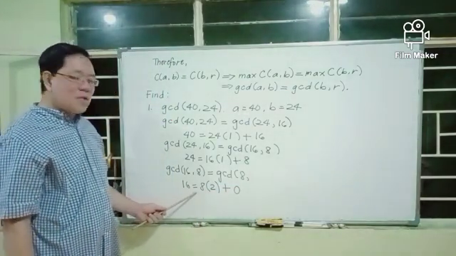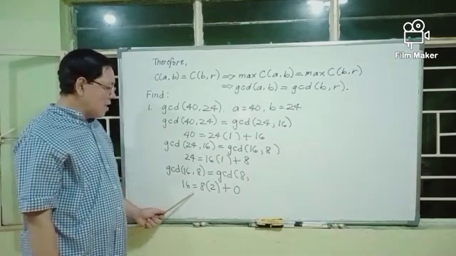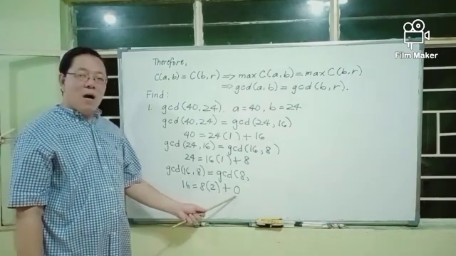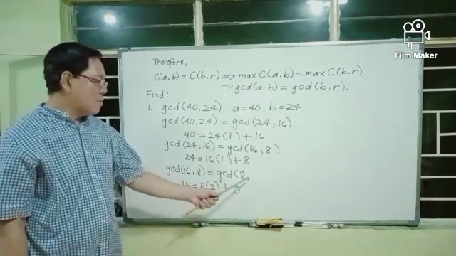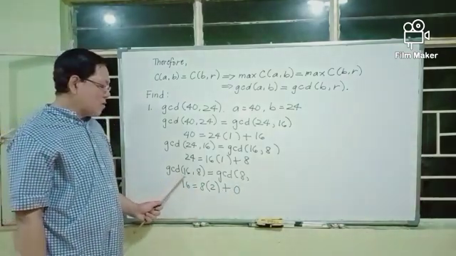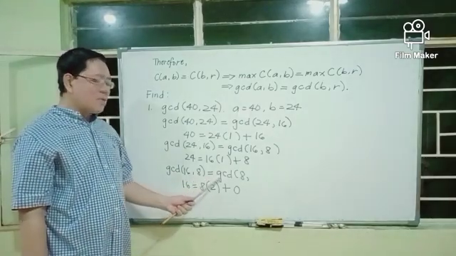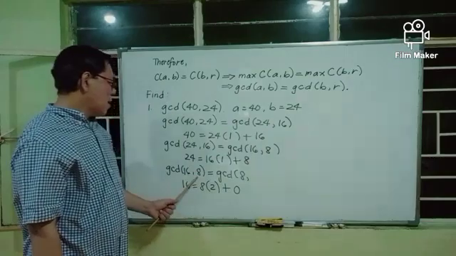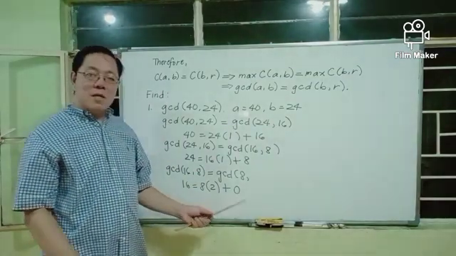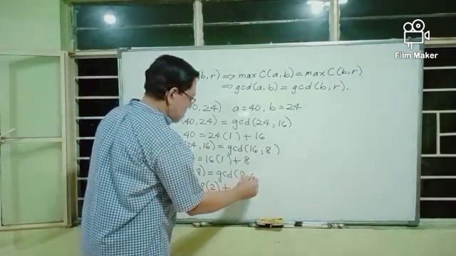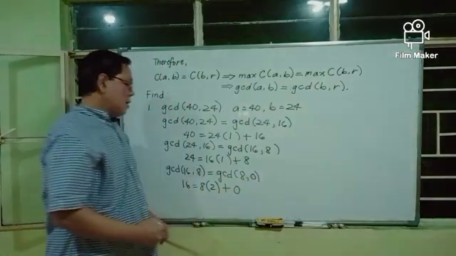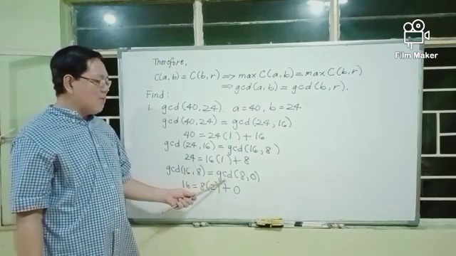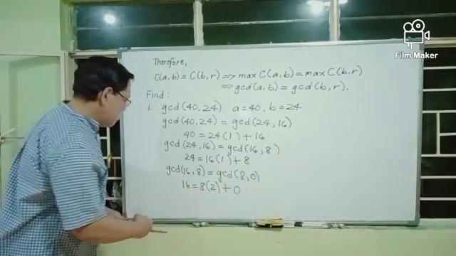Now this equation is of the form A, 16, equals B, 8, multiplied by Q, 2, plus R, now 0. Hence the greatest common divisor of 16 and 8 equals the greatest common divisor of B, 8, and R, 0. Now we find the greatest common divisor of 8 and 0.